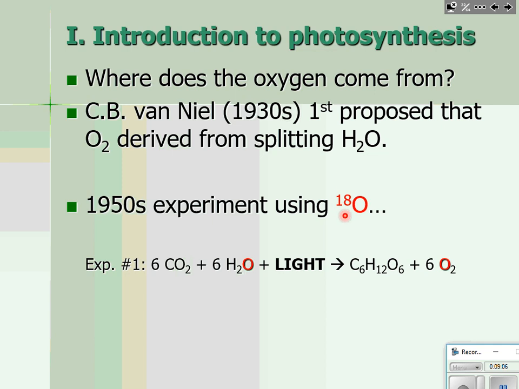using radioactive isotopes of oxygen. Now, oxygen normally has an atomic number of 8 and an atomic mass of 16, 8 protons, 8 neutrons per oxygen atom. But oxygen 18 has a couple of extra neutrons.